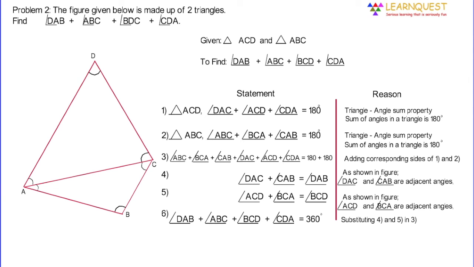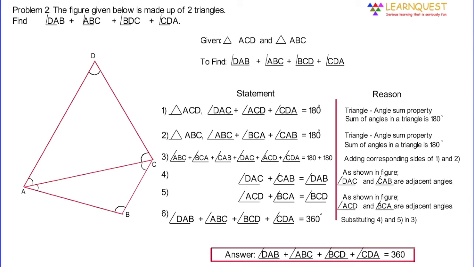This is equal to 360. We have substituted values from 4 and 5 in 3. And this is exactly what we wanted to find out. So write down the answer, and that's the end of this solution.